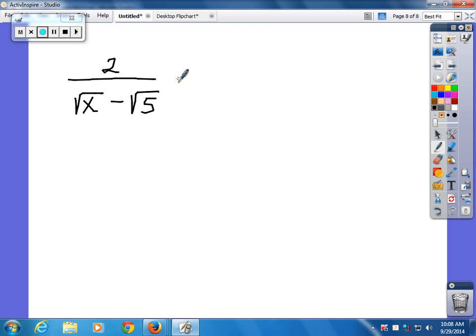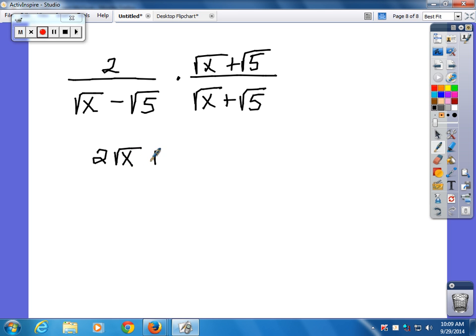What is the conjugate of square root of x minus 5? Okay, so use your shortcut number 3 on the bottom because that's what it'll always give you. And what will that give you on the bottom? X minus 5.